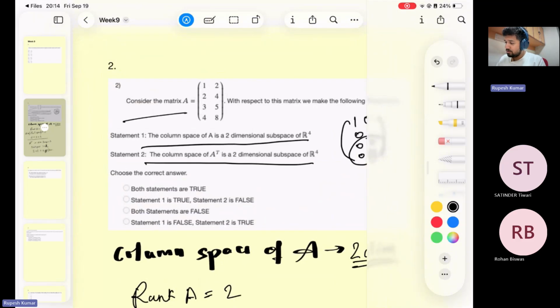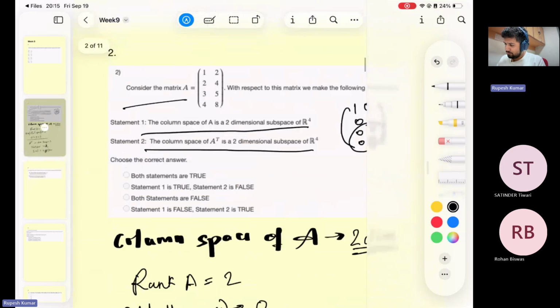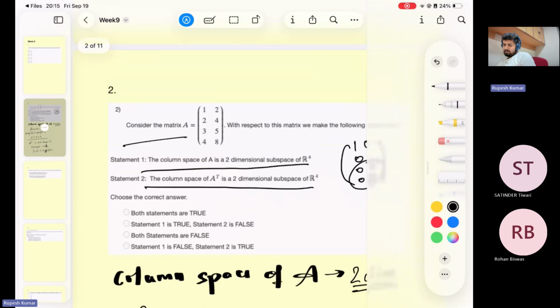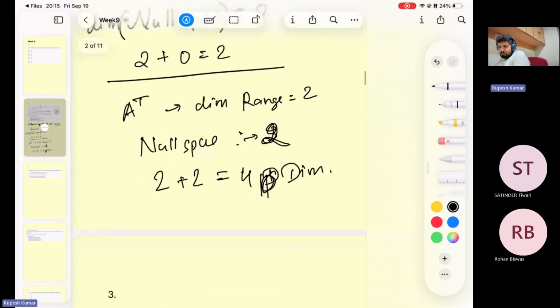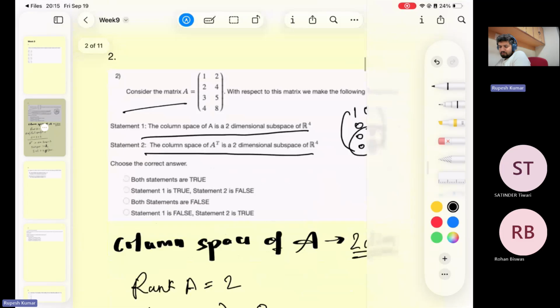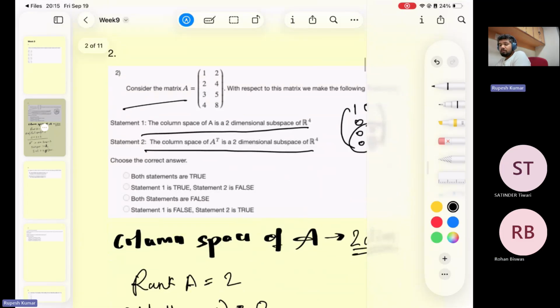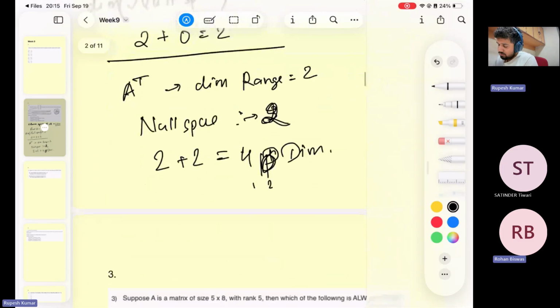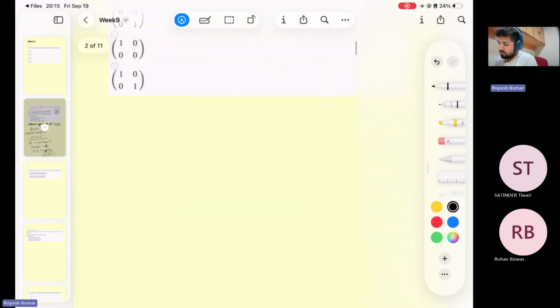Column space of A transpose is basically the row space of A. When you take A transpose, you get 1, 2, 3, 4, 5, 6, 7, 8, which is basically 2 cross 4. This is a 4-dimensional space.